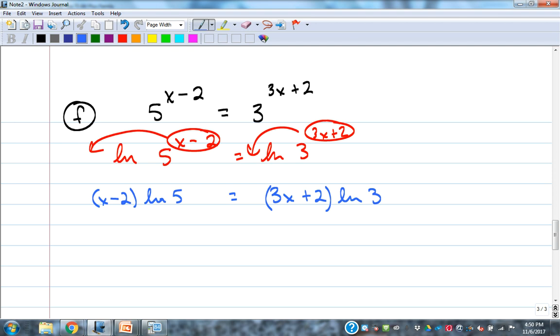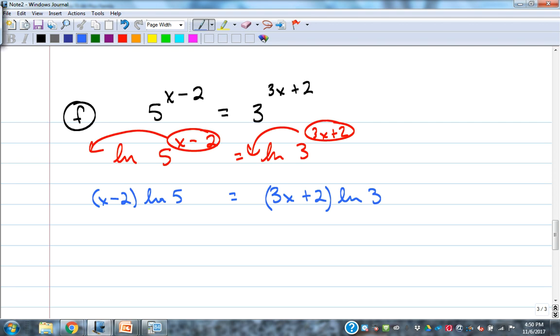Now, it's not as clean as some of the others we had because of the natural log there, and because we've got the x minus 2 involved here and the 3x plus 2 here. What can make it a little easier is getting all the x things together and the things without x together. Because when you're solving an equation, isn't that what you're trying to do? You get x by itself, so everything that's not an x has to go to the other side.